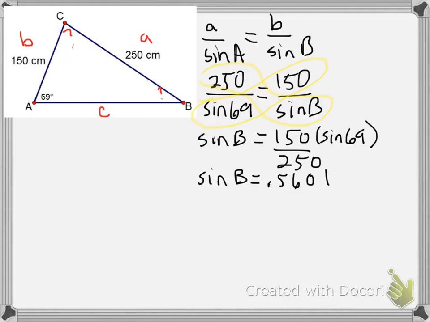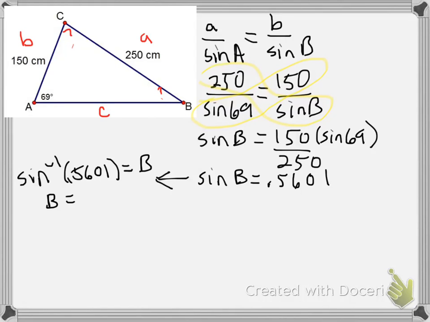And so we already learned that to undo sine, you do the arc sine. So what I really need to do is find, if I work over here where I've got space, the arc sine of 0.5601 will give me angle B's measurement.